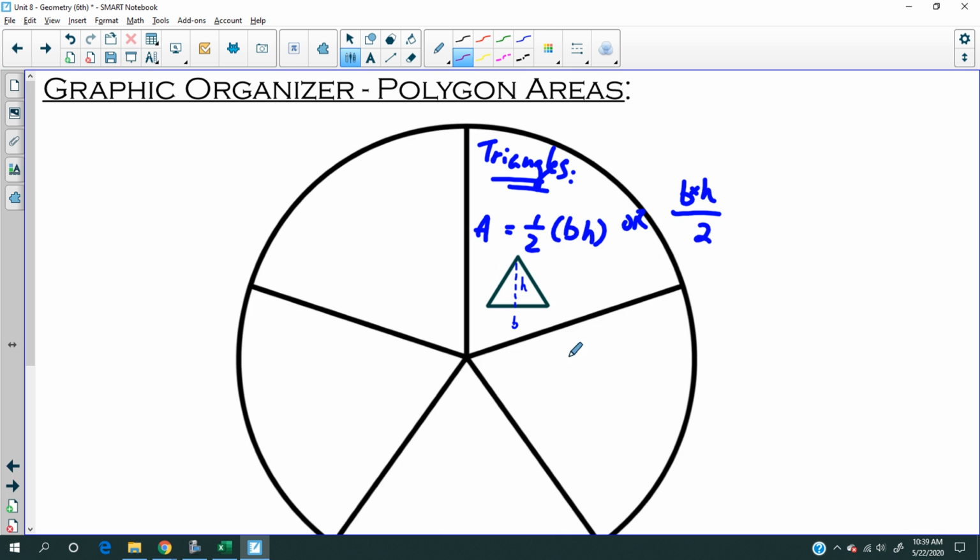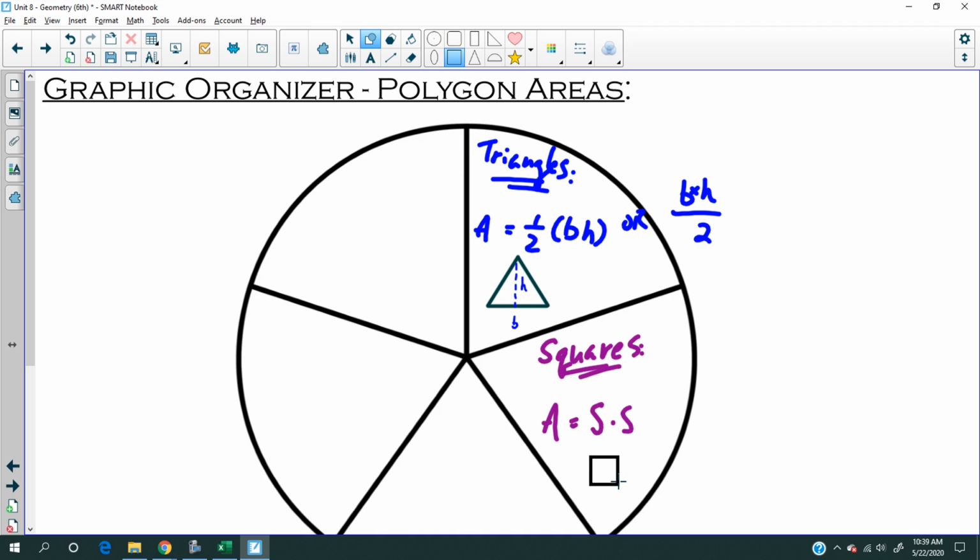All right, here we go. Here's our graphic. So now we're going to do one for squares. So for squares, the area is the side times the side. All right, so let me draw a square.